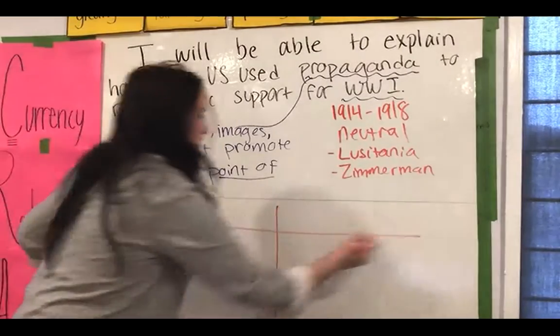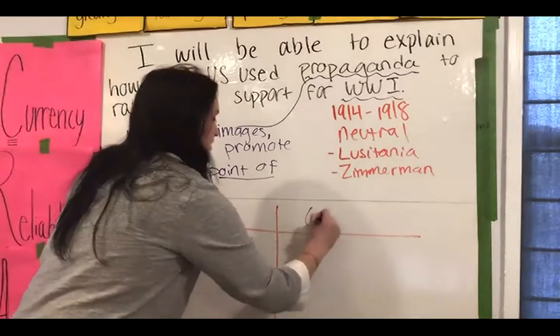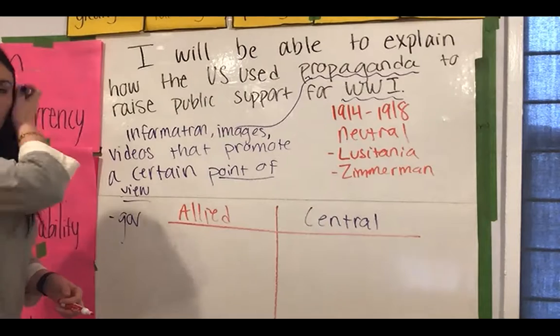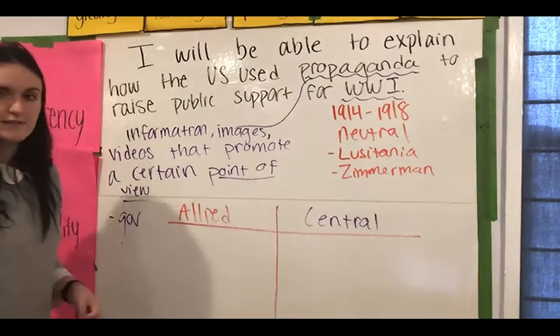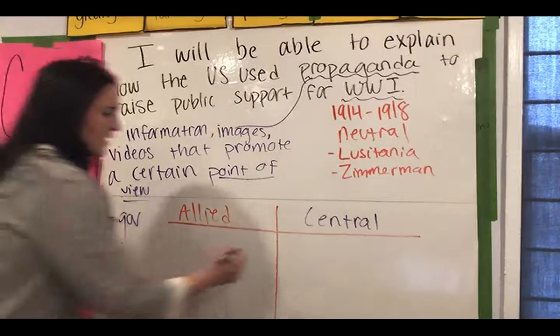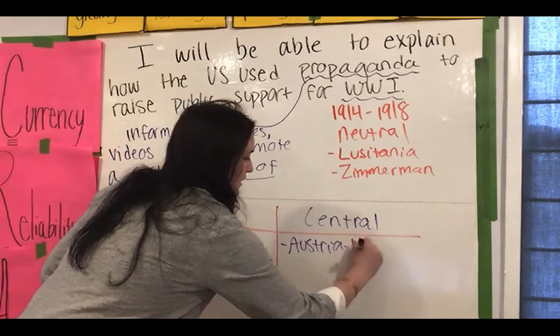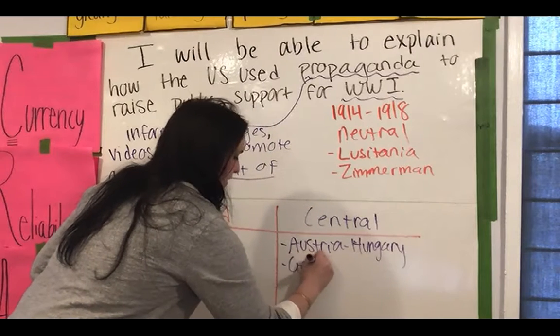Quick review. Our two sides of the conflict are the Allied powers and the Central powers. On the Central power side, this map of the alliances is in your RTL. On the Central power side, we have Austria-Hungary, and the other big one is Germany.